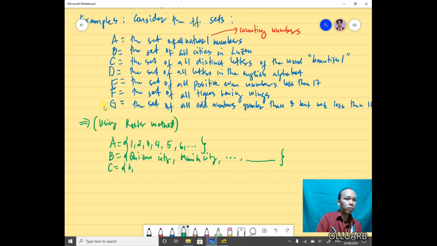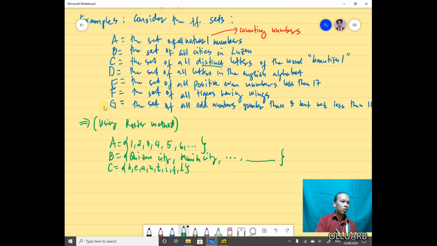We have B, E, A, U, T, I, F. U is repeated, so we will not write the letter U again, since it says that we are going to write all the distinct letters of the word.